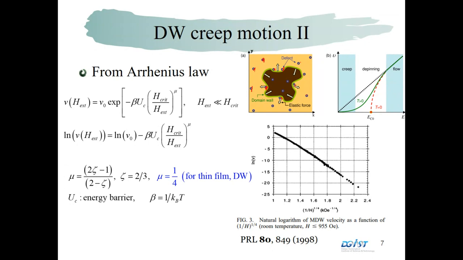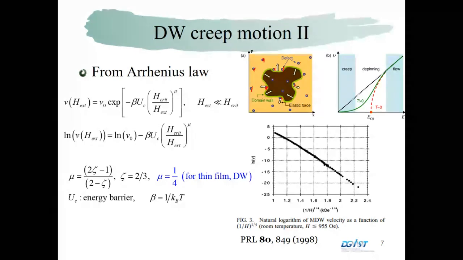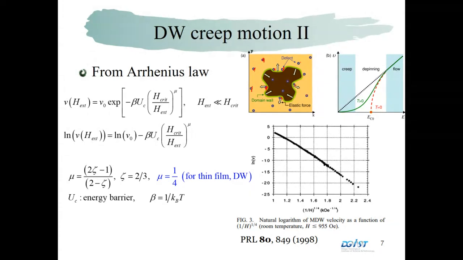So in order to overcome this pinning process, you need to make really good samples, or if you apply a very high external field, then pinning is not so important. But anyway, let's keep talking about this creep motion.